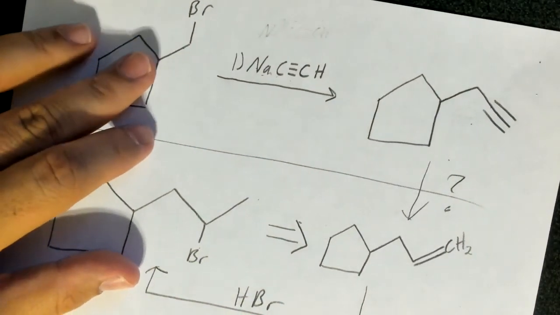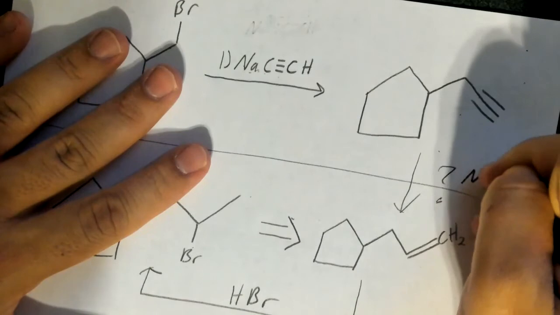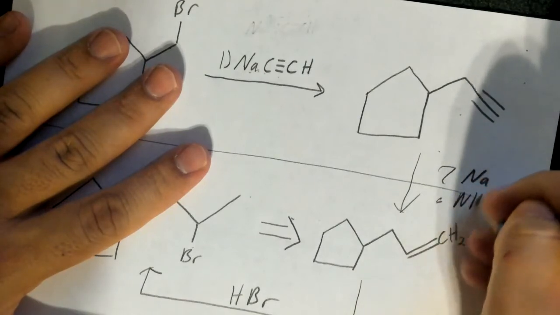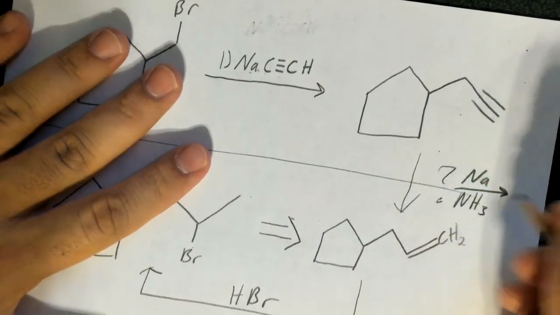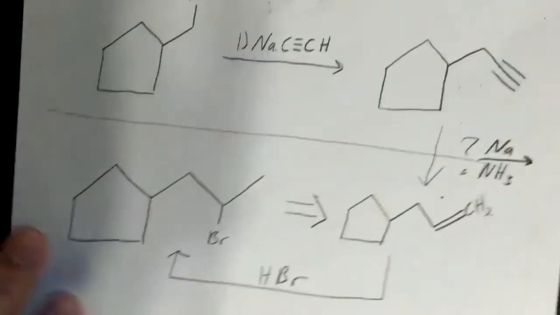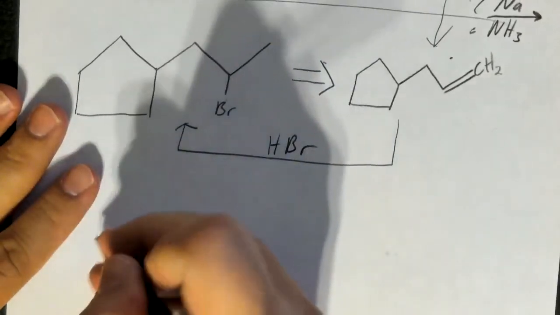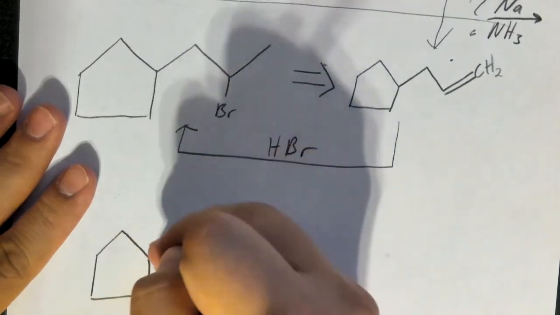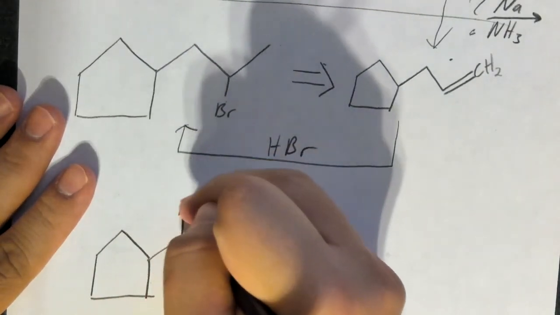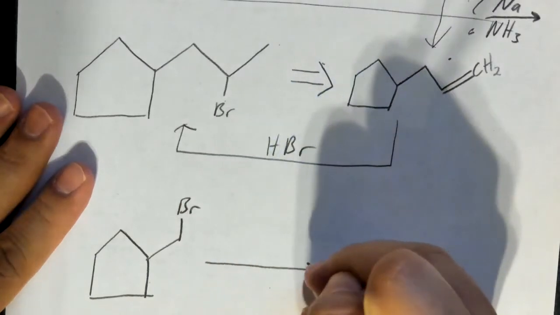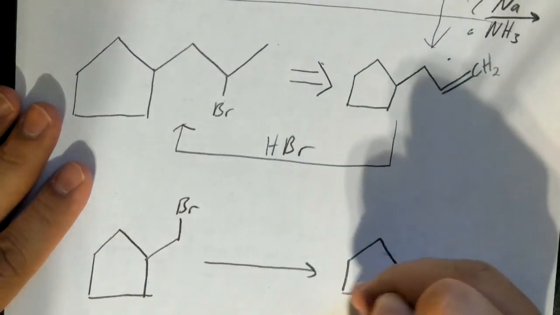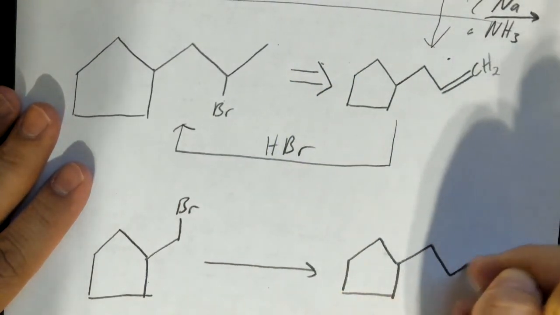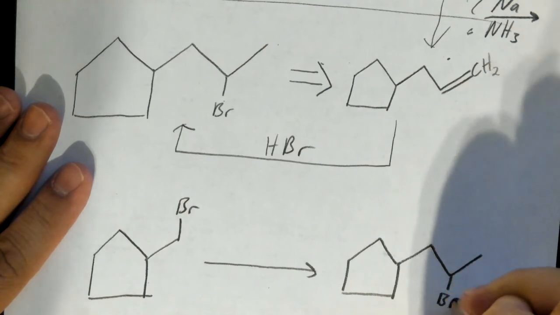So in the end, since that is the reagent that would take us from here to here, what does our final answer look like? Starting with our starting material, and an arrow ending in our final product that we wanted to get.